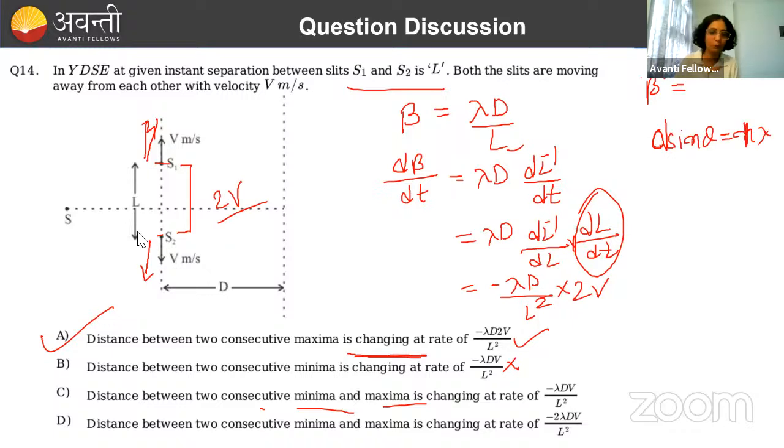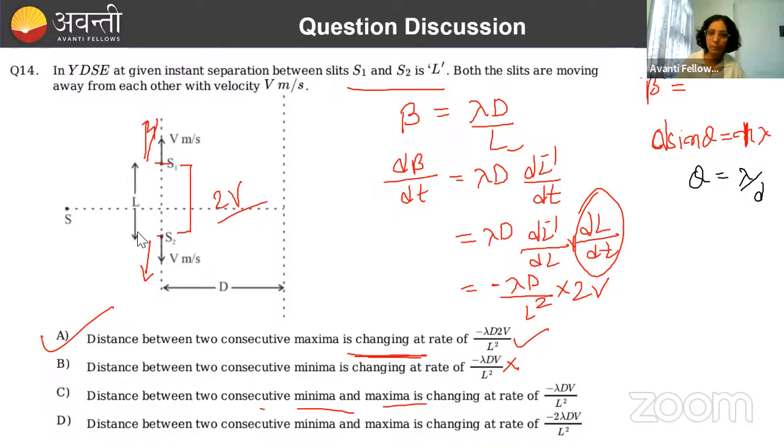And since it is the first, what value of n are we going to take? We can take n as 1. Now if theta is small, which is usually the case if d is far greater than capital A, theta equals lambda by d. Done. So the first maxima is found at the angle lambda by d.